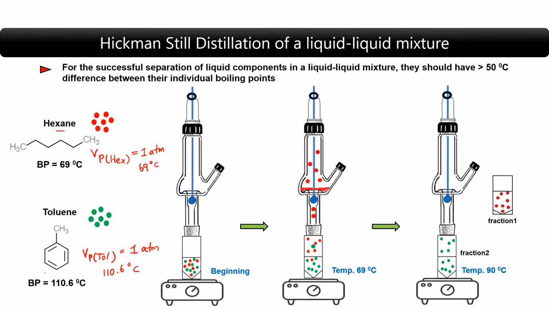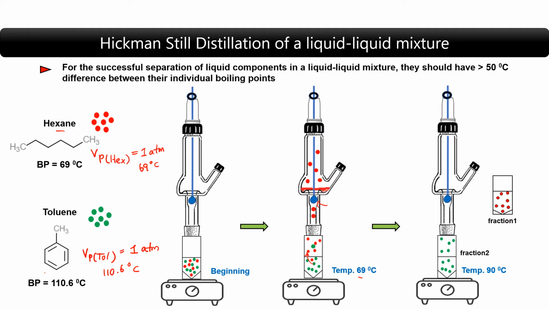And as the temperature comes closer and closer to 69 degrees, most of the hexane liquid will start to actively boil and convert into hot hexane vapor. And you can see our thermometer bulb is directly measuring the temperature of those hot vapors.